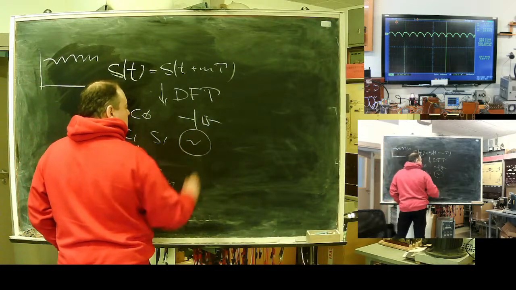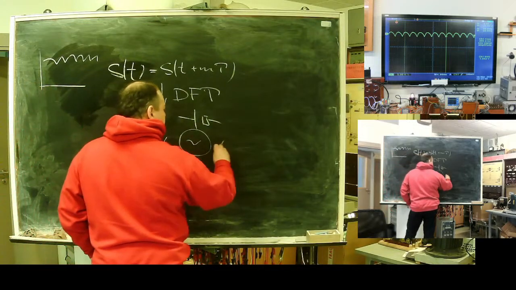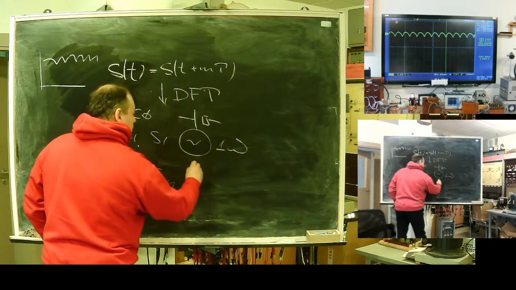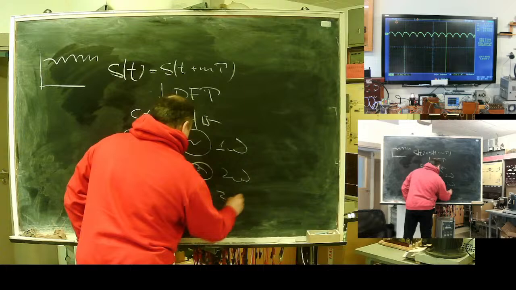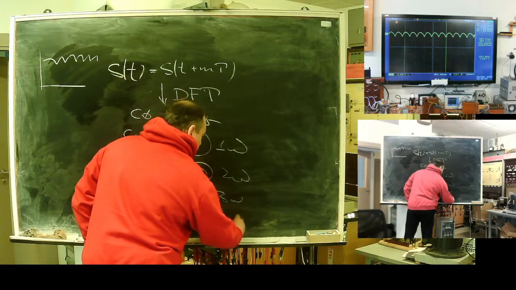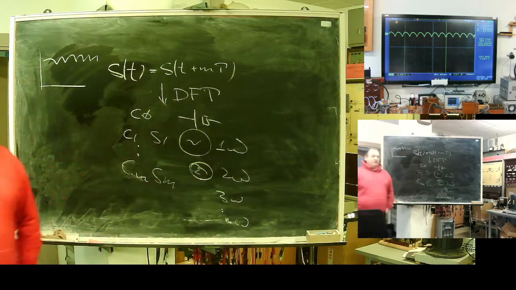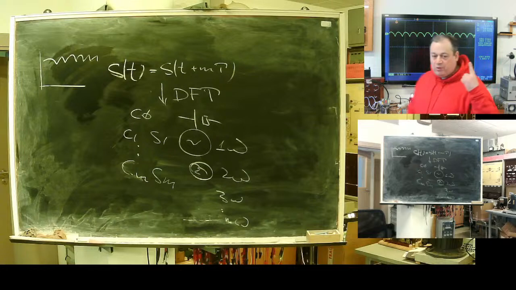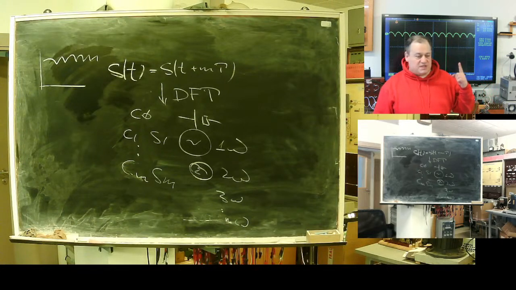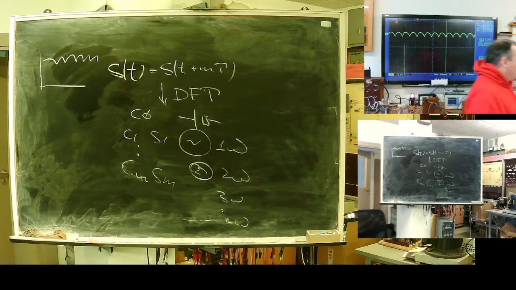This one is ideal AC with the frequency 1 omega. Next will be 2 omegas, 3 omegas, and so on up to m omegas. I get a set of one DC component and multiple AC components with the help of the Fourier transform.